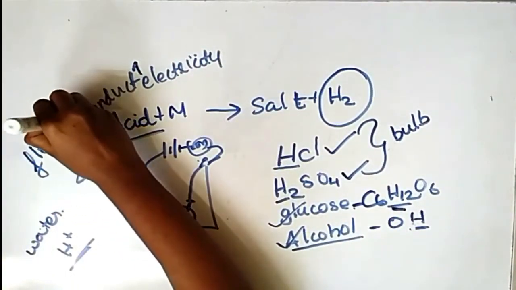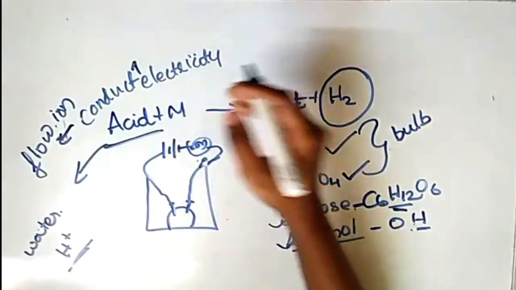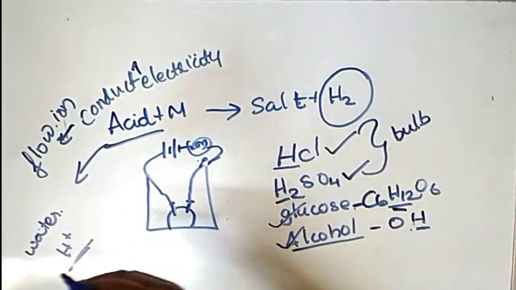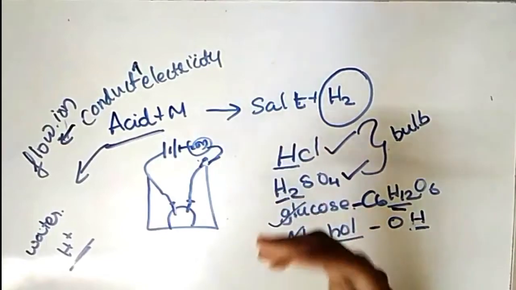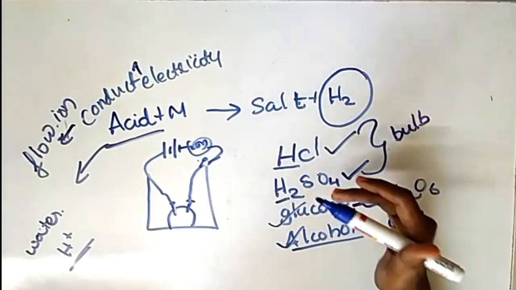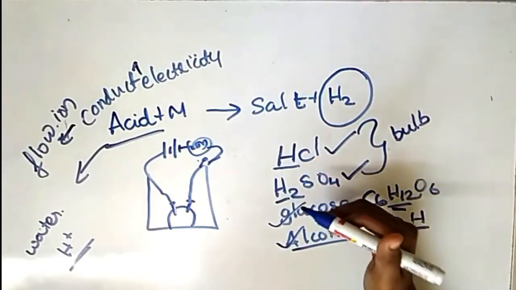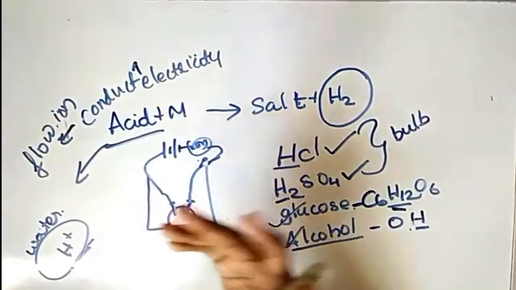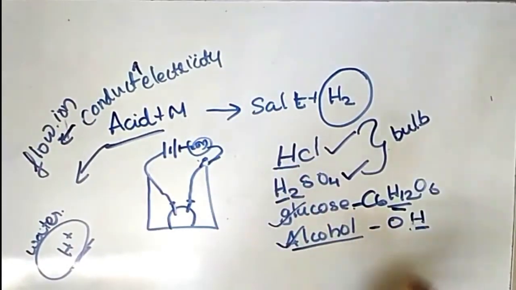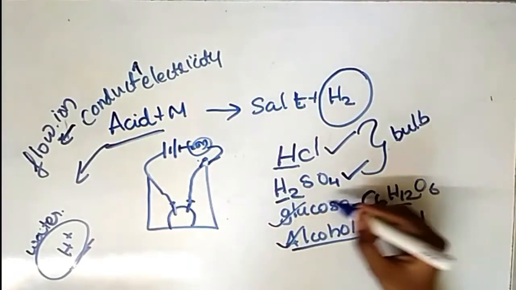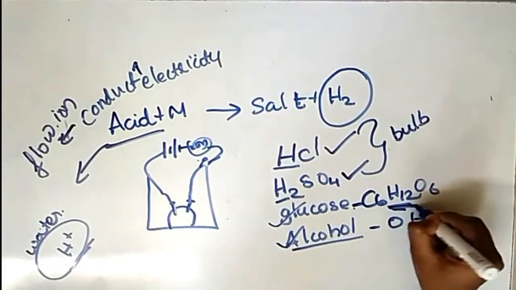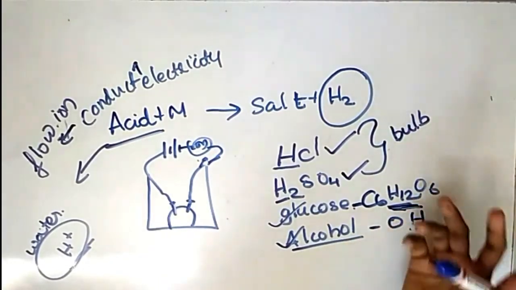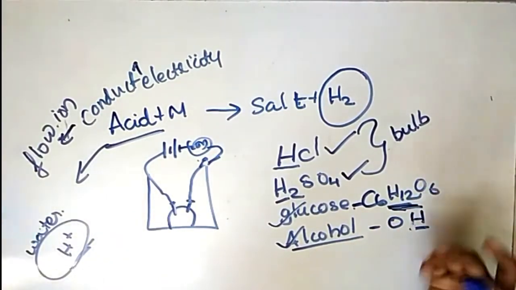So here, hydrochloric acid and sulfuric acid, when diluted, give H plus ions and conduct electricity. What do you understand from this experiment? We understand that not all substances that have hydrogen, or that conduct electricity, are acids.